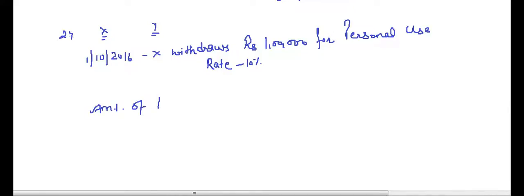Amount of interest is equal to 1 lakh into 10%, and we will charge interest only for 6 months because X is using this money from October to March. Clear? This amount comes to 5,000.